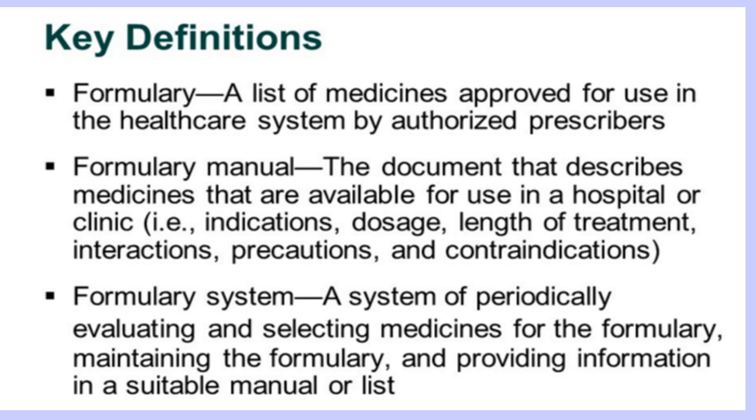So formulary manual gives the complete details of the drugs or medicines that are available in the hospital, like indications, so which diseases the drug can be used, then dosage, the doses, children dose, adult dose, then doses in renal failure, heart failure, or liver failure, so doses in certain conditions, then length of treatment, the duration of treatment, for how many days the treatment should be taken, then drug interactions, drug food interactions, drug alcohol interactions, precautions to be taken while taking the drugs, and contraindications, in which conditions the drugs should not be taken.